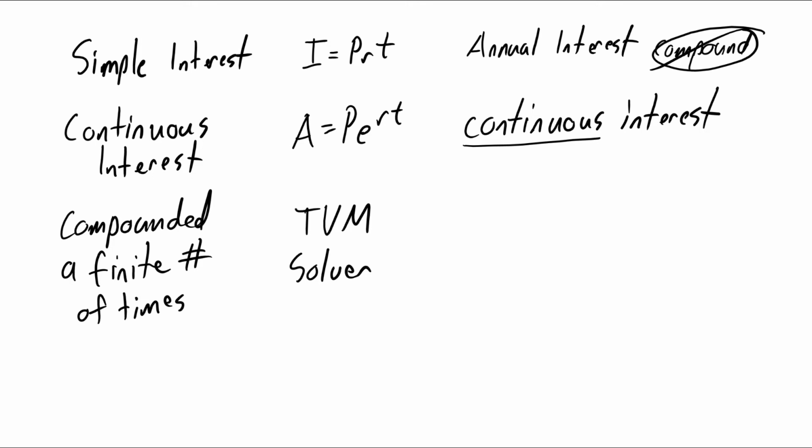And so we will know these problems when we see the word compound. Anytime we see the word compound and it doesn't say continuous, we're going to be using the TVM solver. We're also going to be using the TVM solver anytime we have regular payments. And so we'll talk about that later on. But for now, we're going to use the TVM solver anytime we see the word compound when it's not continuous.